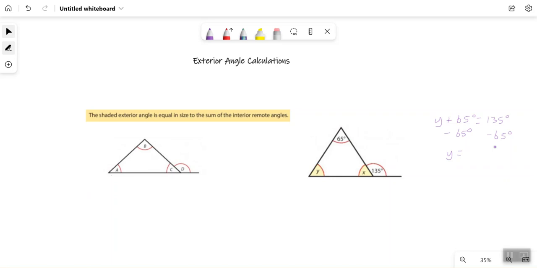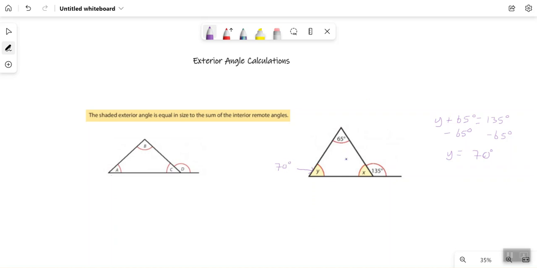Let me get my calculator out. 135 minus 65 is equal to 70. So this angle here, y, is equal to 70 degrees.